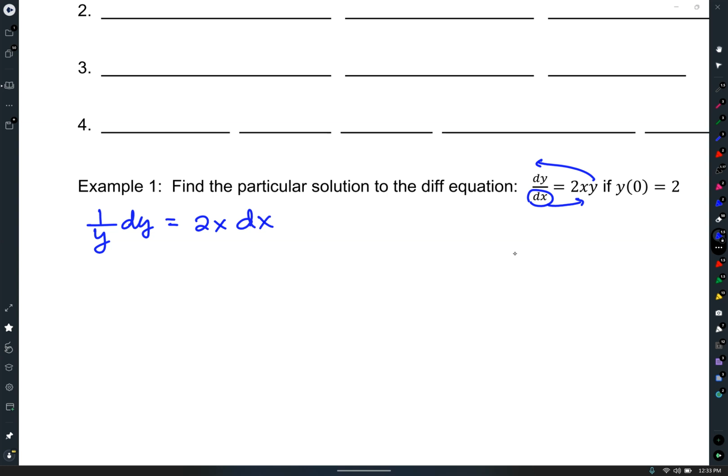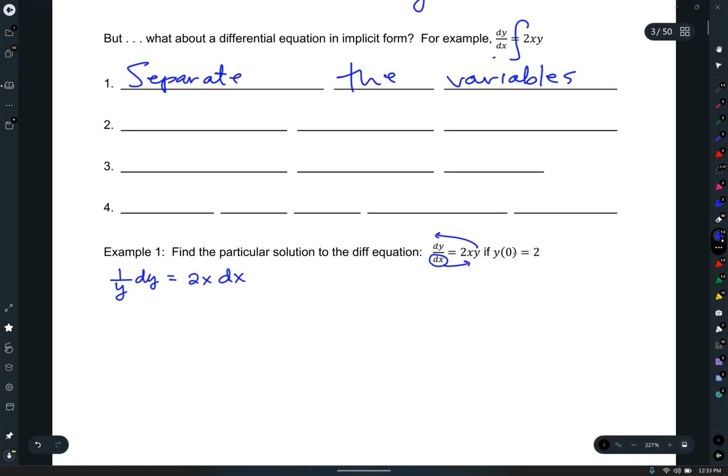So does that make sense? I have all the y's, including the dy on one side, all the x's, including the dx on the other side. Okay? That's what we mean by separate. And by the way, I want to put a little qualifier on my separate. You can only separate by multiplication or division.